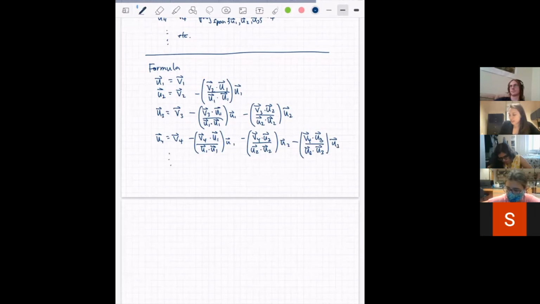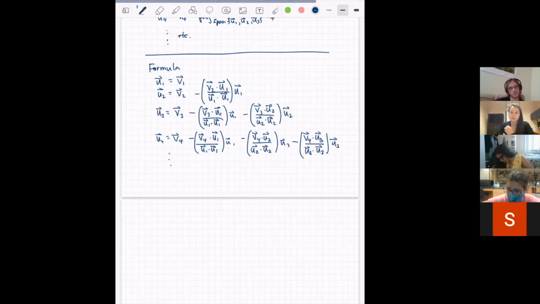So the idea here is you're just building up an orthogonal basis, one vector at a time. So you start with your first vector, then you create your second vector that is orthogonal to the first vector. You create your third vector that's orthogonal to the first two vectors, and so on. You just keep building it up. And then you're guaranteed at the end to have something that is orthogonal and also linearly independent, right?